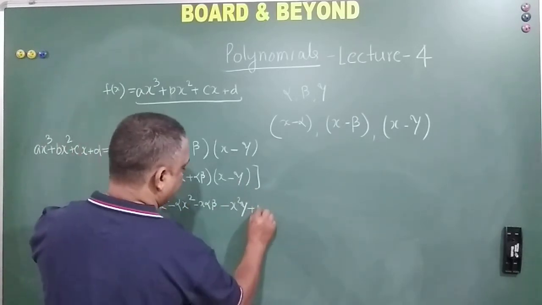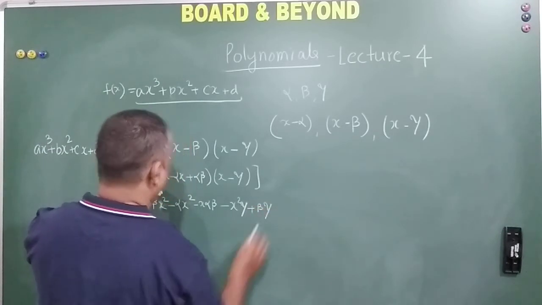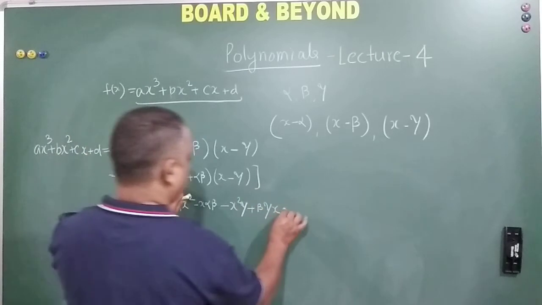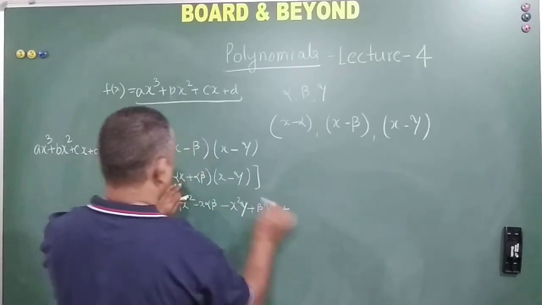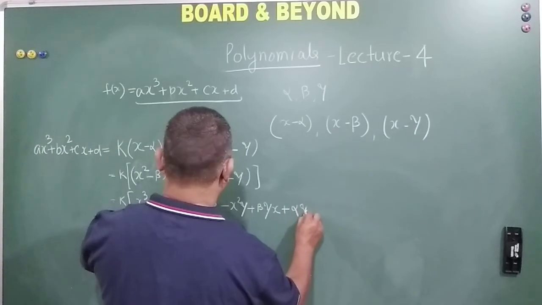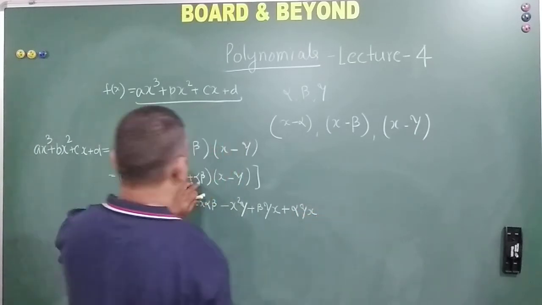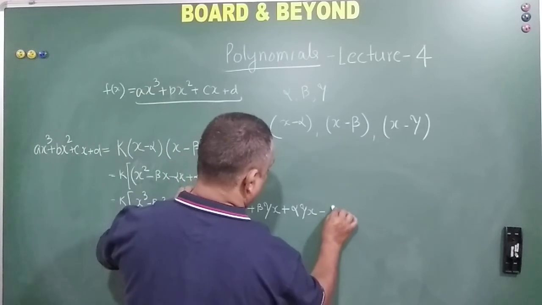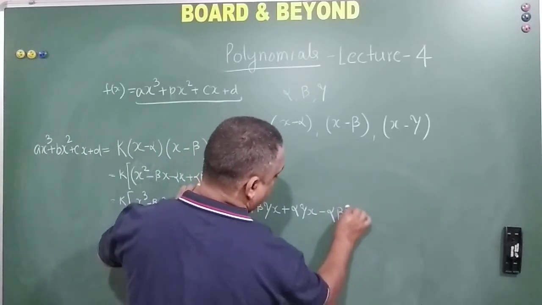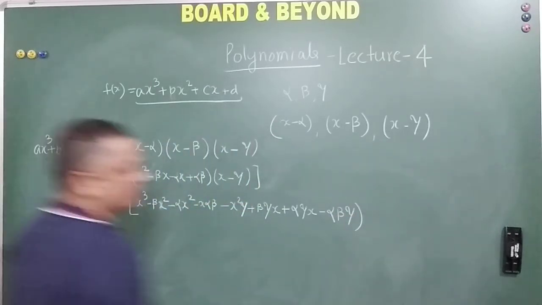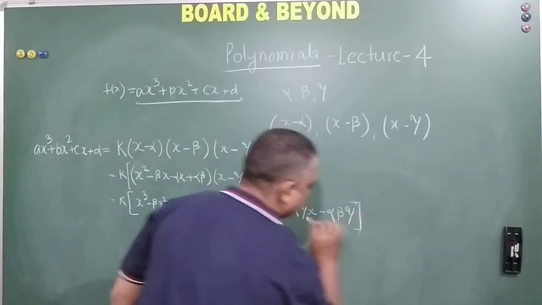So this becomes beta gamma x. This into this, it becomes plus alpha gamma x, plus this into this, it becomes minus alpha beta gamma. You got it, my friend? Right?